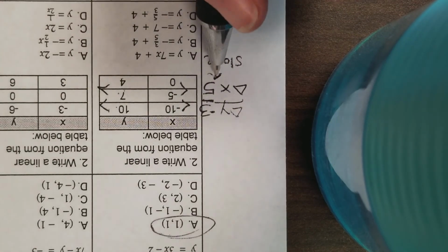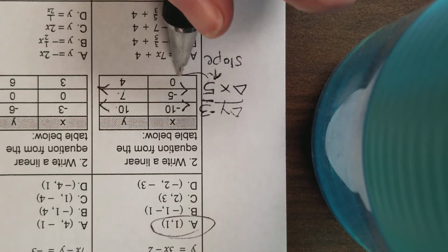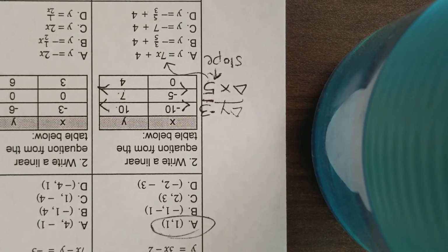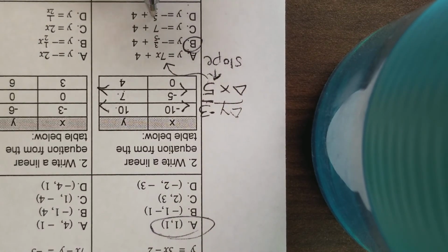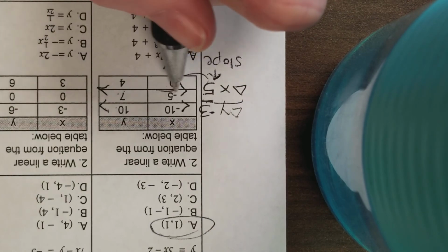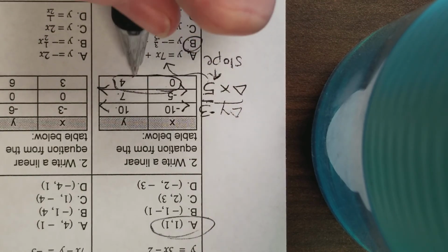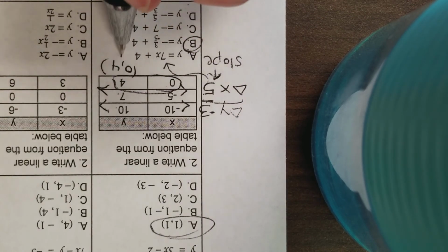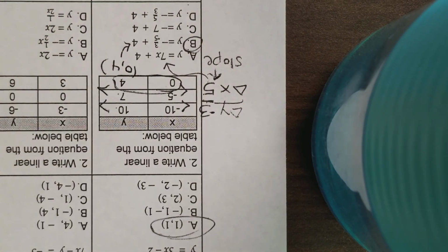Remember, if you are with your x, you are on a slippery slope. So you know that has to be your slope. So this one is going to be the B. Notice the distractor on D that has it as the change in x over the change in y. Now you already knew that your y-intercept was at 0, 4. So you already knew your y-intercept had to be the 4.